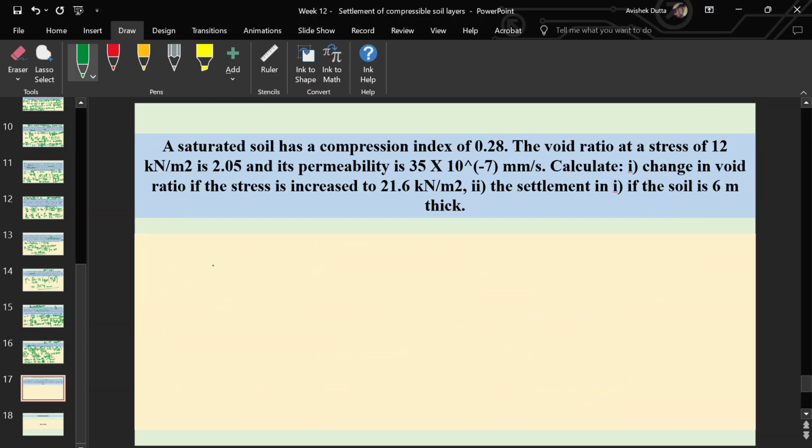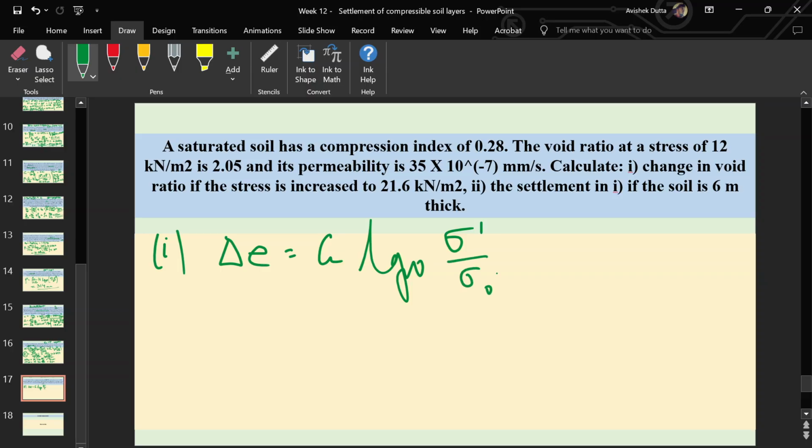Last question, saturated soil has a compression index. So here in the first question, change in void ratio. You can find out the change in void ratio from the compression index, Cc log to the base 10 sigma by sigma 0. All the values you have, right? Cc you have how much? 0.28.